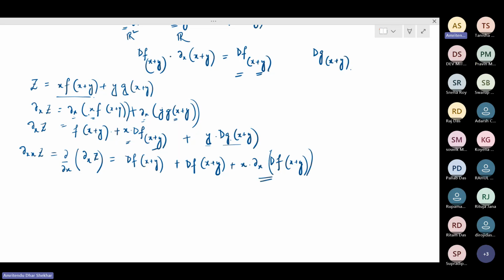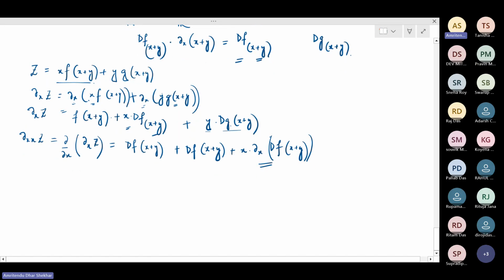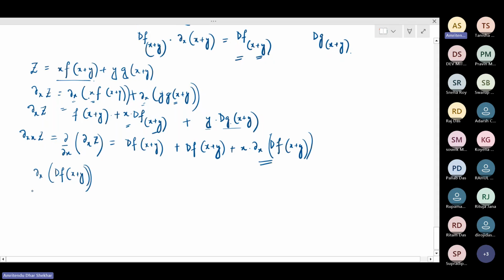So this term, let us quickly compute it on the side. So del x of df at the point x plus y, again you basically apply the Leibniz rule. This is a composition of two maps: x plus y goes to x plus y, and then x plus y goes to d of f at the point x plus y.